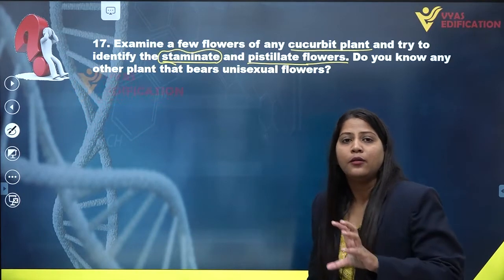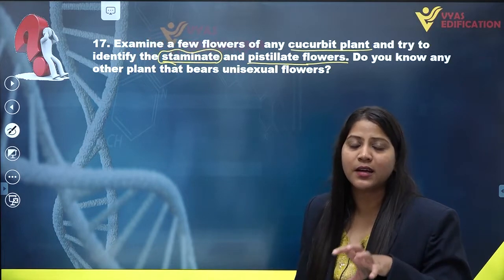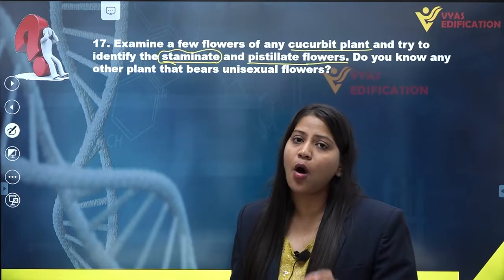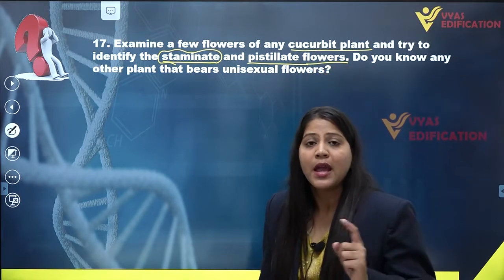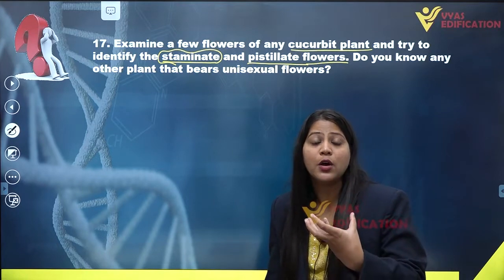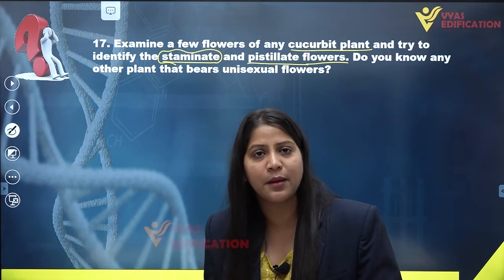So the cucurbita plant bears unisexual flowers, which means it contains either only staminate flowers or pistillate flowers. If the flower is staminate, it will have brightly colored yellow petals and stamen.